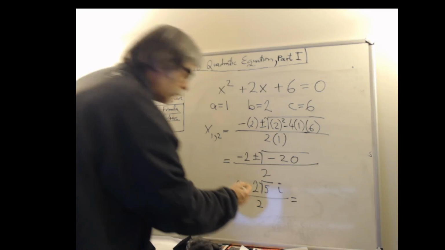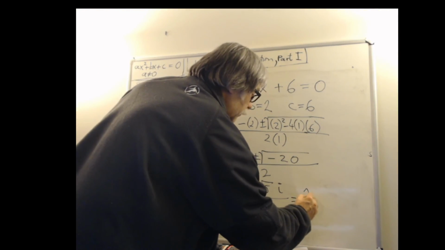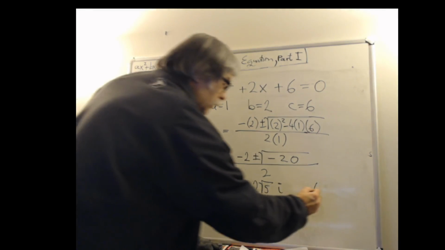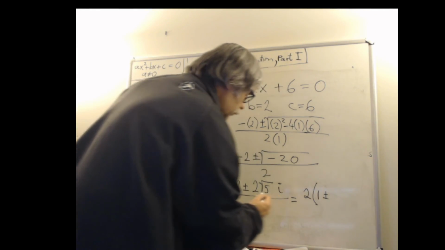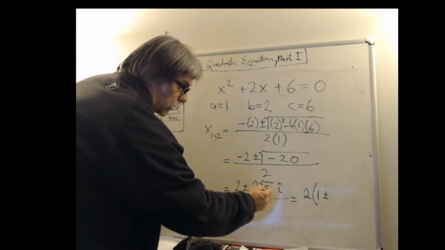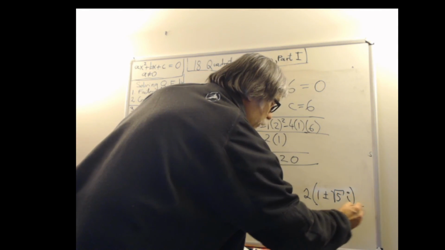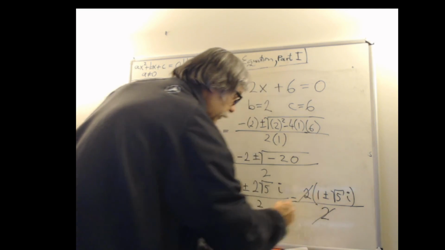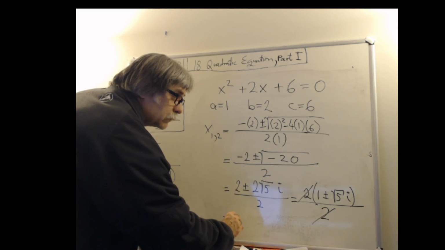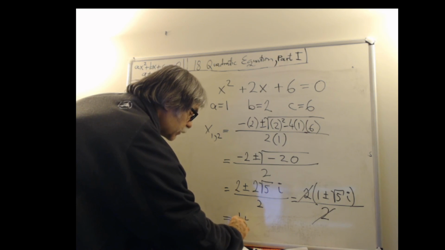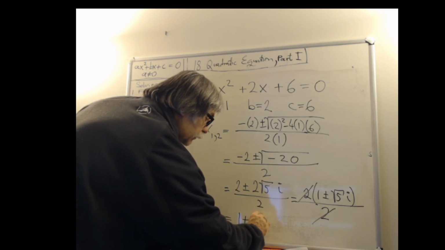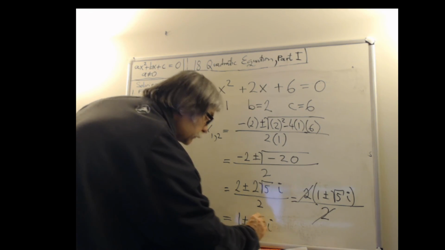One more step. I have a common factor 2 on the top, right? You have 2, you have 1, plus minus 2 common factor out, radical 5i. Divided by 2. Cancel, cancel. And you have 1 plus minus radical 5i.